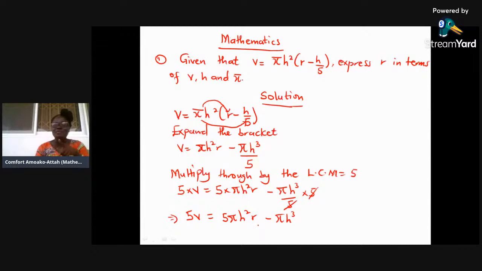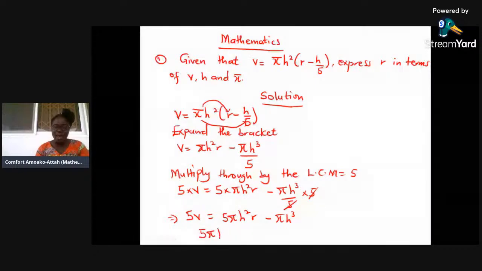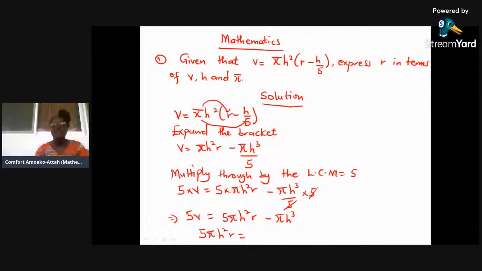The question is express r in terms of V, h, and pi. So what do we do? We can maintain 5 pi h squared r and move pi h cubed to the other side of the equation. This is negative; when it crosses the equal to sign, it becomes positive.